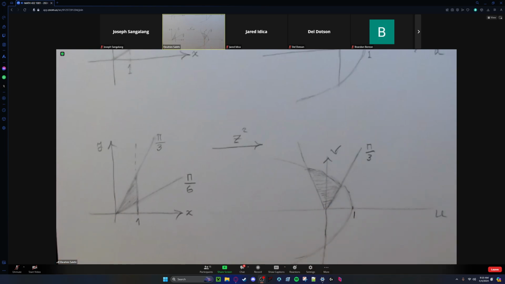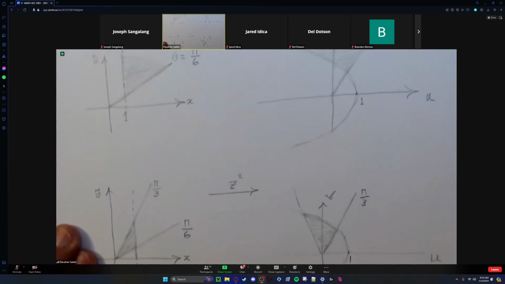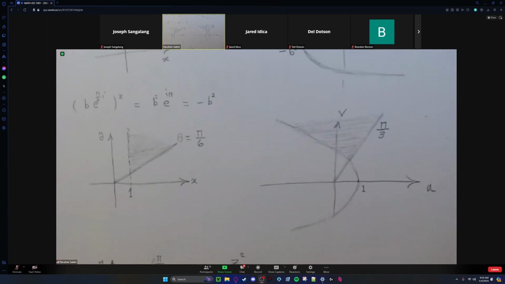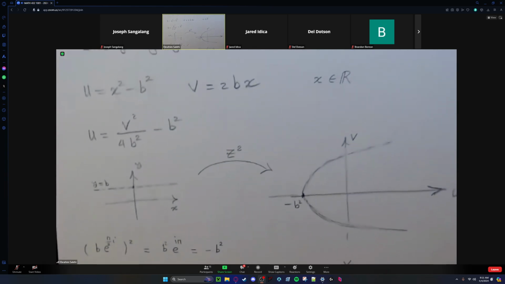That is how interesting and at the same time challenging the mappings in complex analysis are. Okay. Any comment, any question?